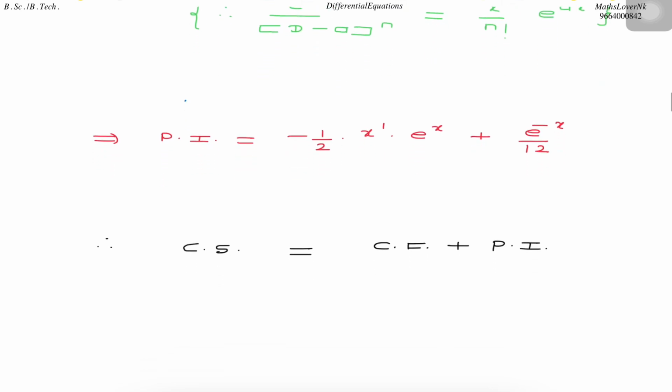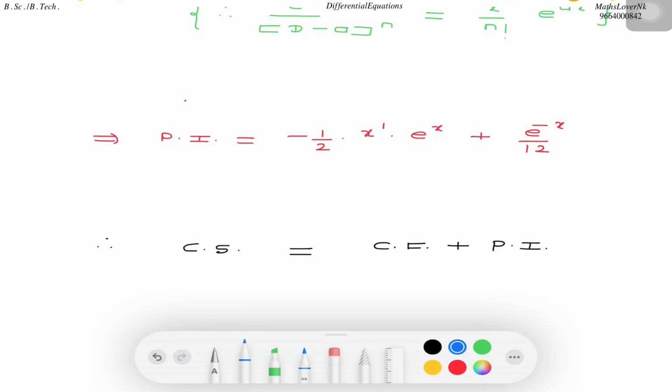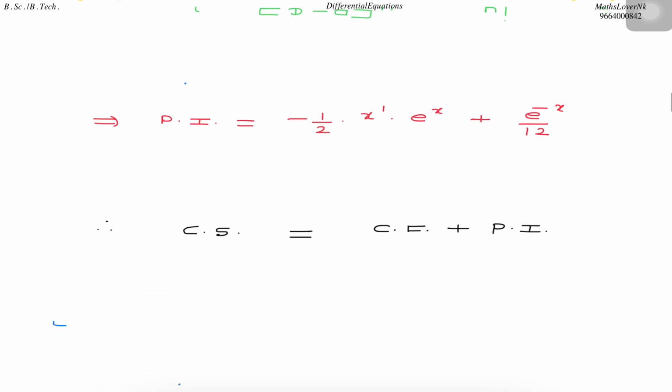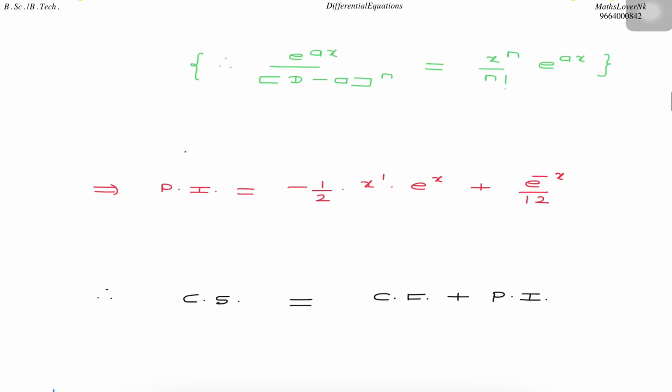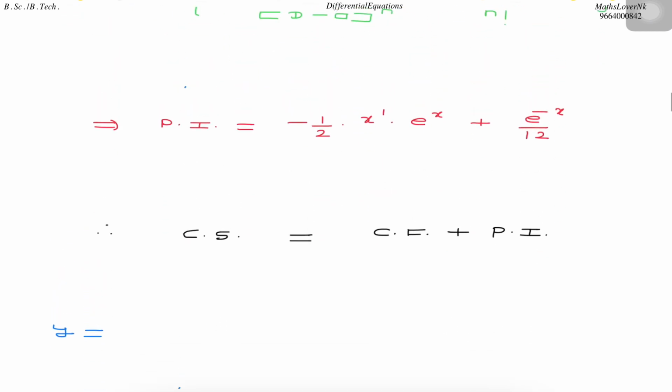Now y is equal to CF, which is C1 e to the power x plus C2 e to the power 2x, minus x by 2 e to the power x plus e to the power minus x upon 12.